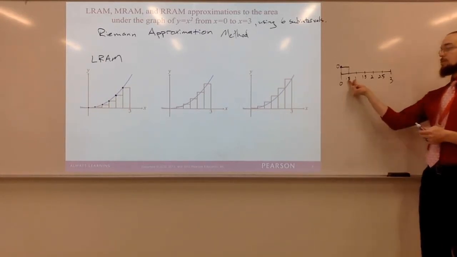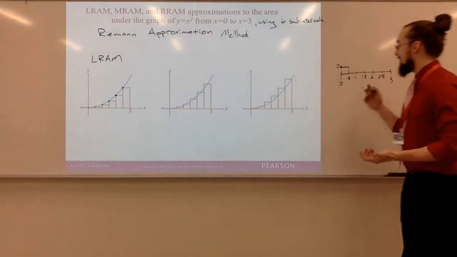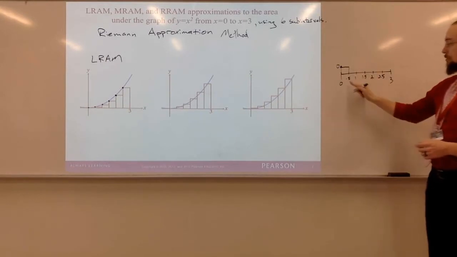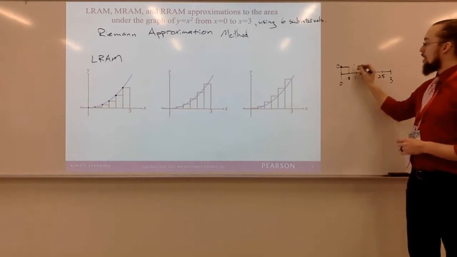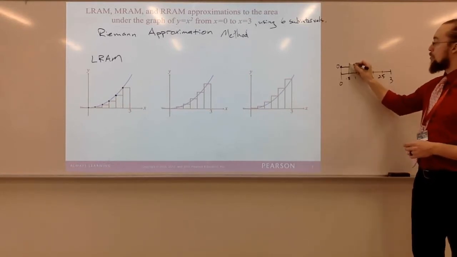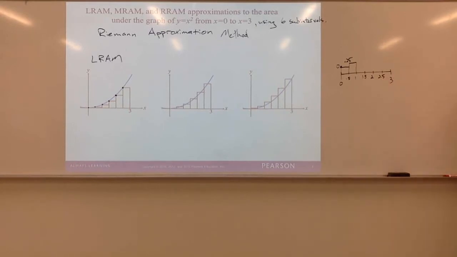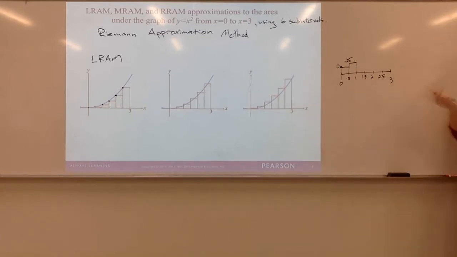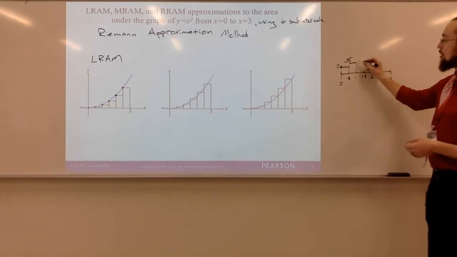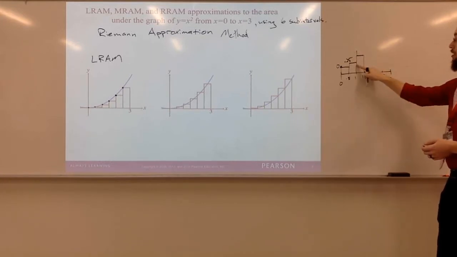My next rectangle, between 0.5 and 1, I get its height by plugging in 0.5, the point on the left. What do I get? 1/4, or 0.25. I'm just going to keep doing that for all 6 of my rectangles. The next rectangle is between 1 and 1.5, so I plug in 1. 1 squared gets me a height of 1.